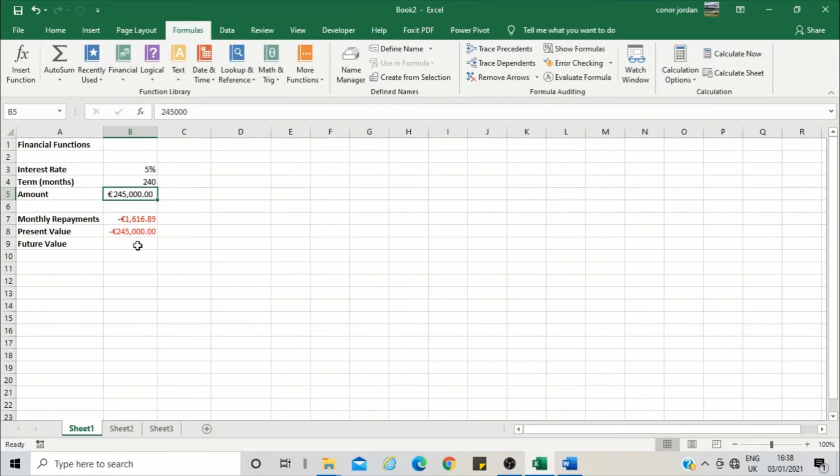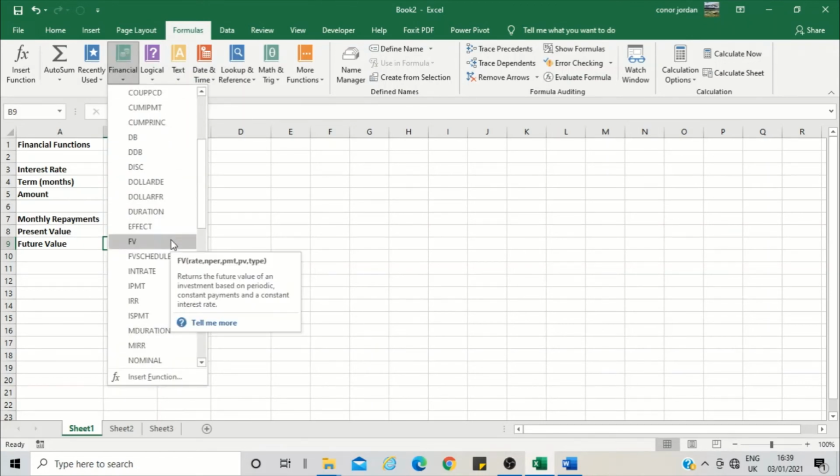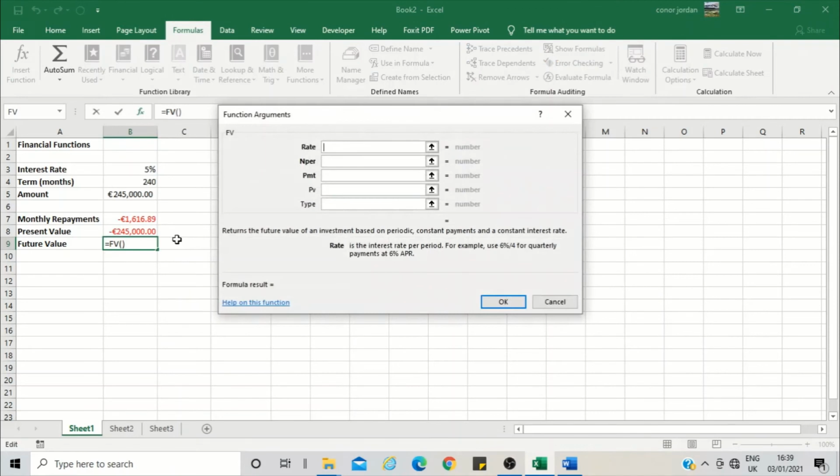So now we're going to calculate the future value of this loan. So in the function library group, we'll select Financial, scroll down until we find FV. Again, we find the rate and divide it by 12.